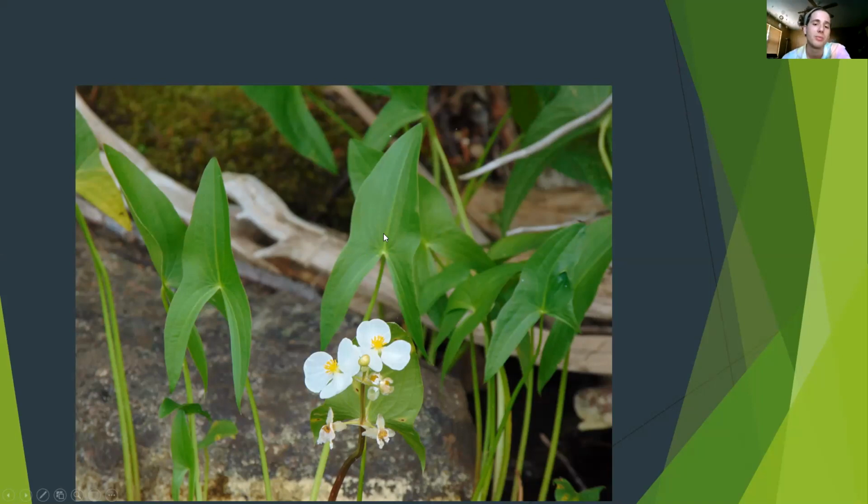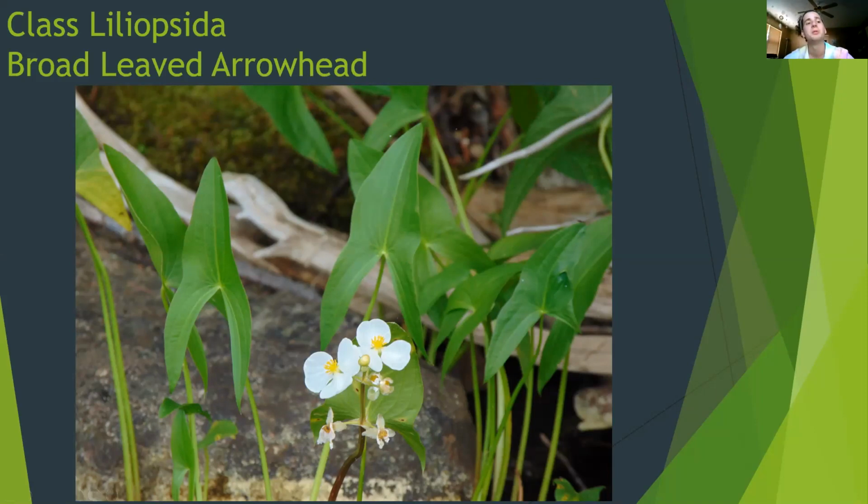And also if we look here, these veins don't really branch very much. They do have one branch here and here, but that's about it. They don't do a lot of branching. So this is going to be a monocot. This is in the class Liliopsida. This is the class of monocots. These are more of our grass-like plants. This is a less grassy type.